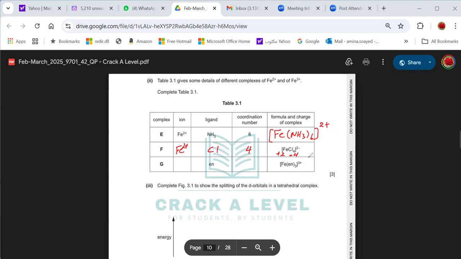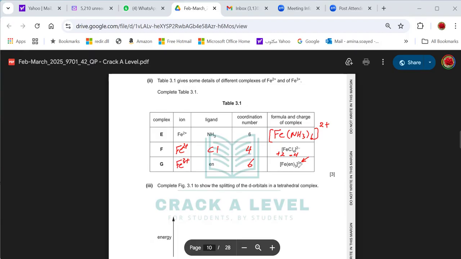For the last one, we see that the positive charge here is positive 3, and we know that the ethylene diamine ligand, or ethane-1,2-diamine ligand, is neutral. So this means that here we start with iron 3 positive, and the ethylene diamine is the ligand. And the coordination number here is also 6, because the ethylene diamine is bidentate.